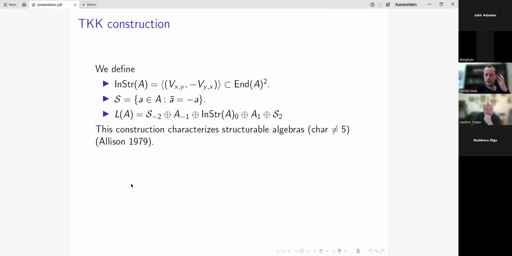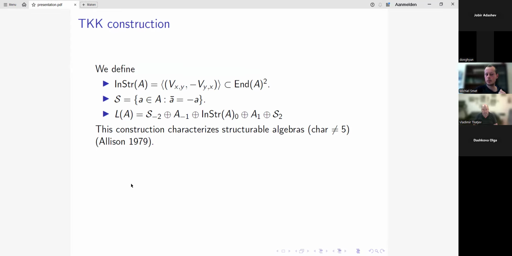So, as I said, you have a Koecher construction. I won't go into much detail. You define an inner structure algebra. You can define it like this. I do it like this to stress the similarity with the Tits-Kantor-Koecher construction for a Jordan algebra. So you also need to define the skew elements, which are the elements such that if you take the conjugate, you get minus the element.